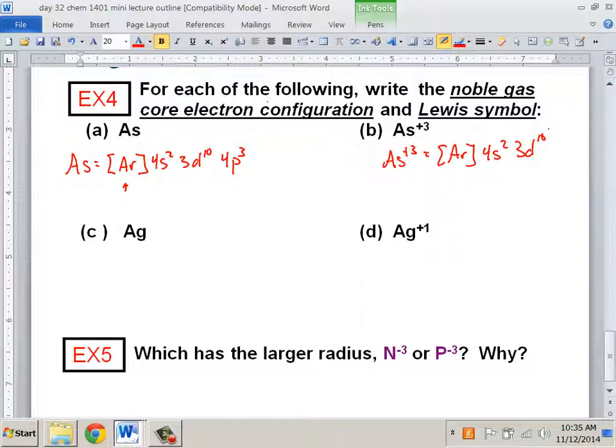So silver's noble gas core, everybody, is what? Kr. And it was 5s2. What is that, 49? But that's wrong.